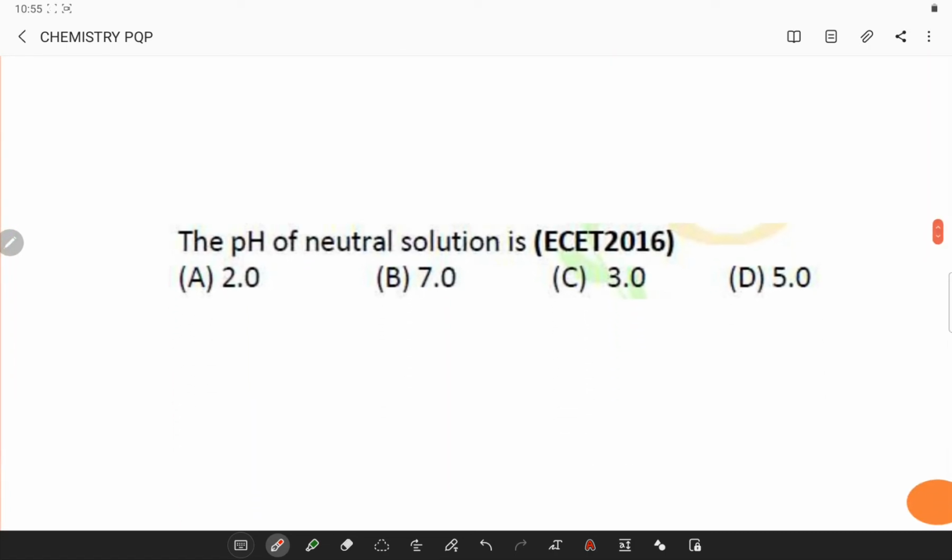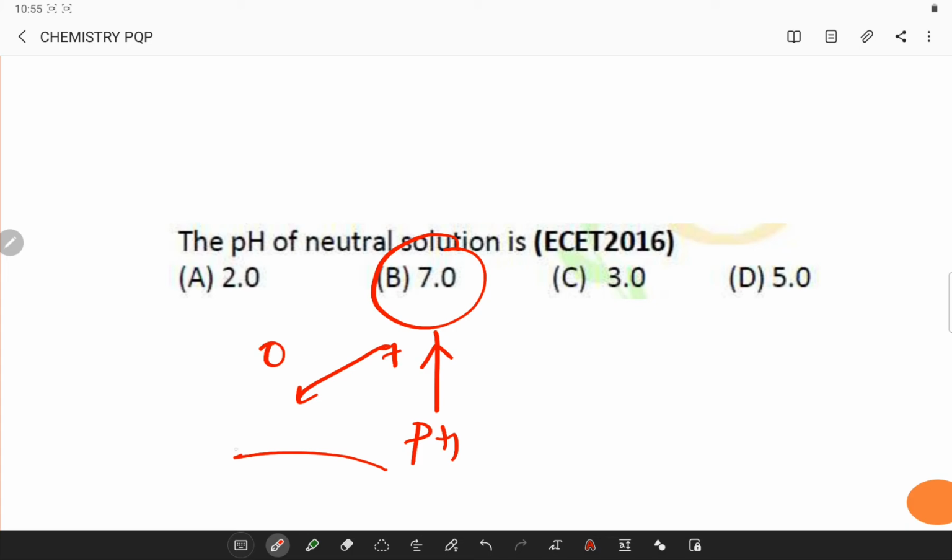What is the pH of a neutral solution? Remember 7 is the middle of the pH scale. Between 7 and 0 it is acidic in nature, and if your pH value is between 7 and 14 it is alkaline in nature.